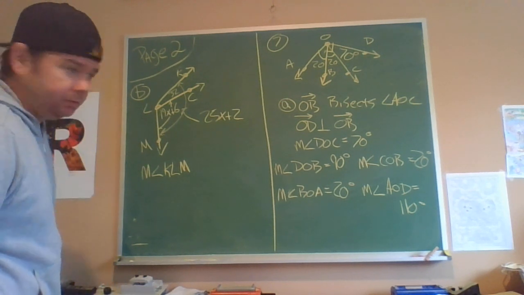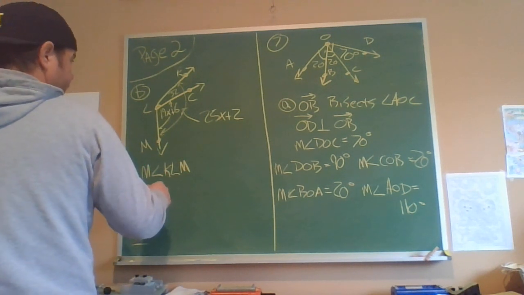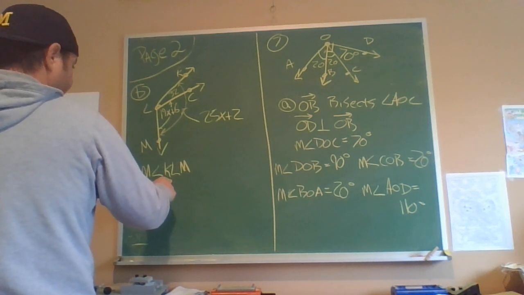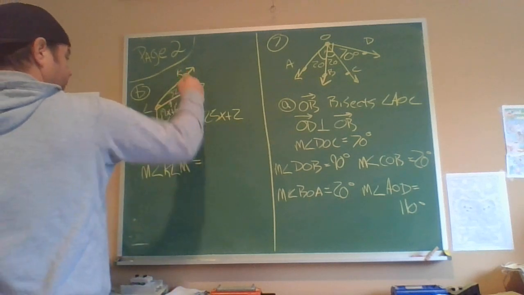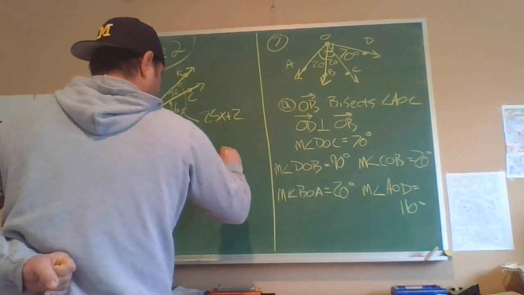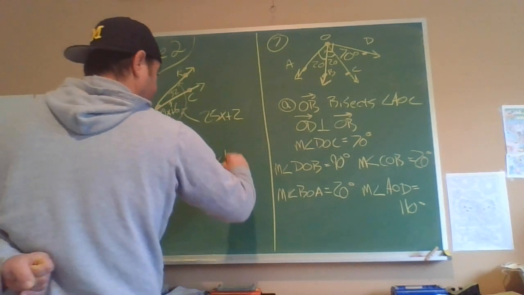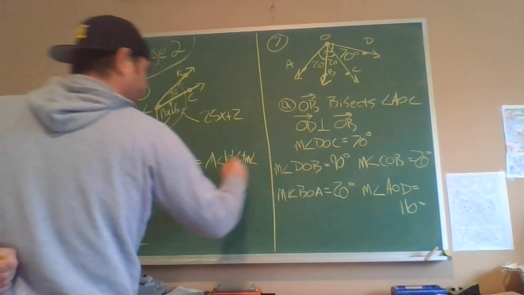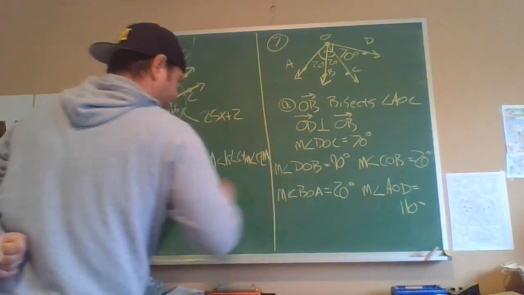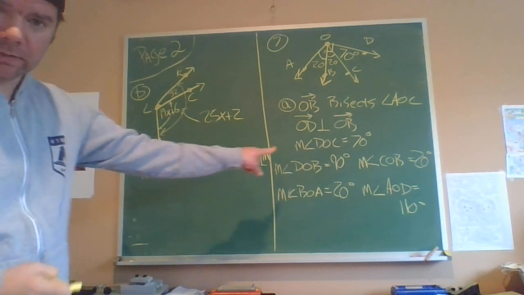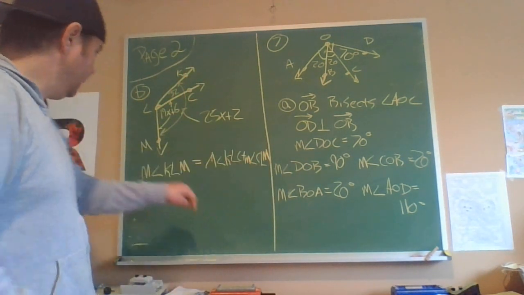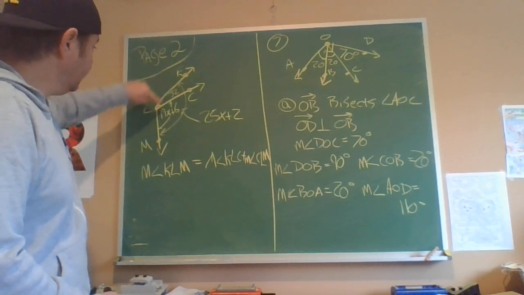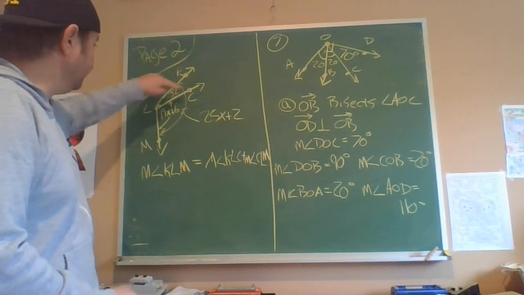Let's see. So I think I know what we need to do. We need to set up an equation, right? Because we know that the measure of angle KLM is equal to the measure of angle KLC plus the measure of angle CLM. I know that kind of looks like a bit of a mess here, but all this equation says is KLM is equal to CLM plus KLC, okay?